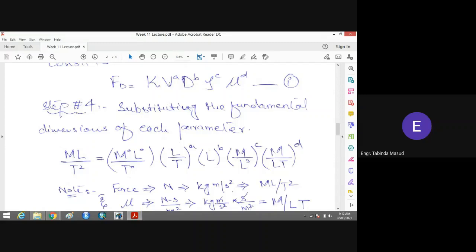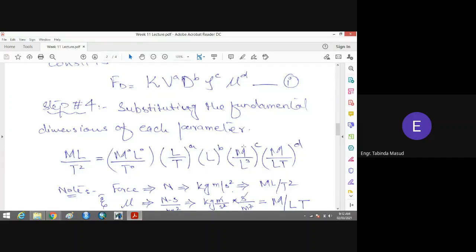Then you can see we have velocity. What's the unit of velocity? It is meter per second, meaning length divided by time. So L divided by T with power a. Similarly, this is the diameter. The unit of diameter is meters, meaning length. So here I have written L with power b. This is the density.